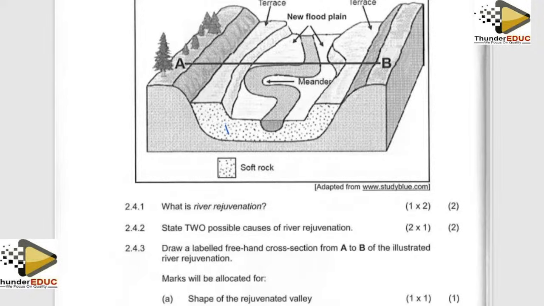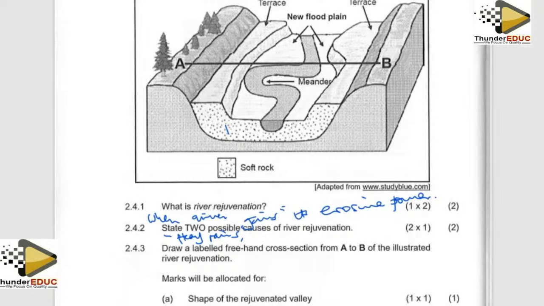What is river rejuvenation? It is when a river regains its erosive power, or when the river develops the characteristics of the upper stream while it is in the lower course. State two possible causes of rejuvenation. Number one is heavy rains that increase the amount of water in the river, allowing it to flow faster.